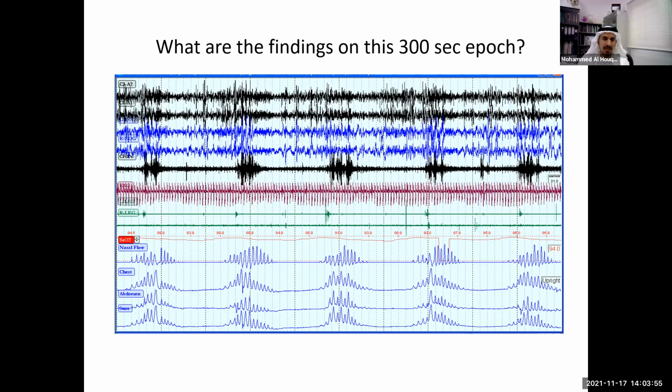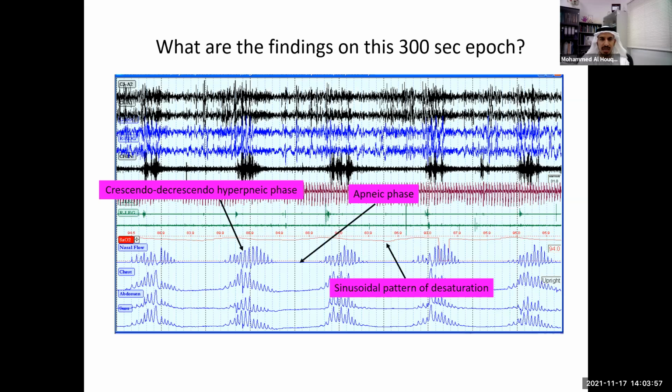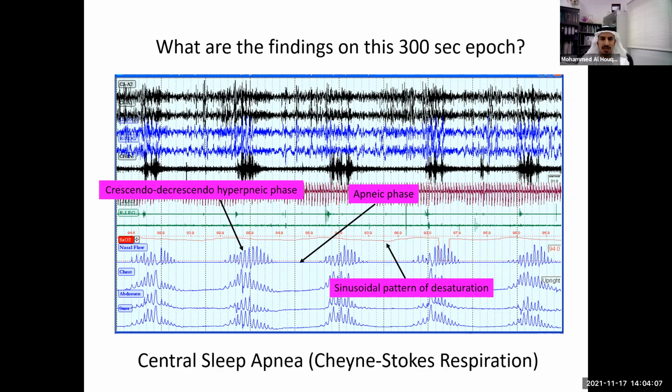This is a little bit different, where you see an apnea followed by a crescendo, decrescendo hyperpneic phase of breathing, more of hyperventilation. We call this central sleep apnea because there's no respiratory effort with the apnea, and this is a Cheyne-Stokes respiratory pattern. We see this in patients with heart failure or stroke.